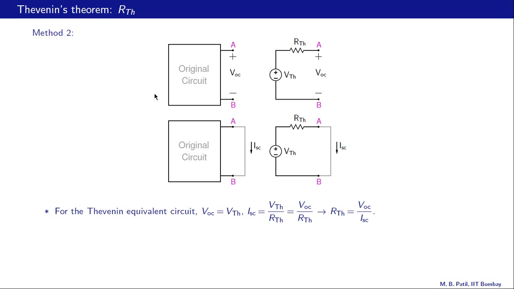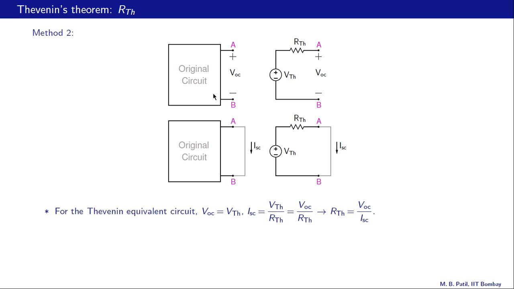Let us look at our second method now. This is our original circuit, and that is the Thevenin equivalent. We look at two things. One, the open circuit voltage between A and B in both cases. Second, the short circuit current which flows from A to B when A and B are shorted, and we do that again in both cases.